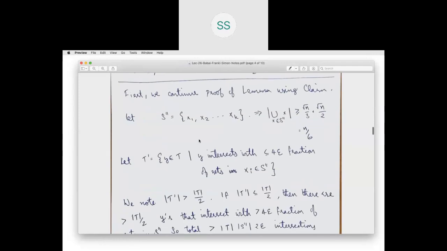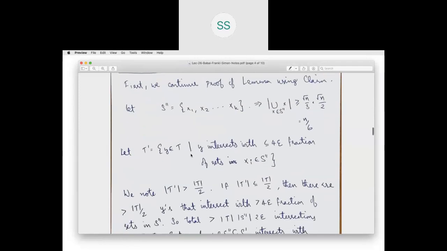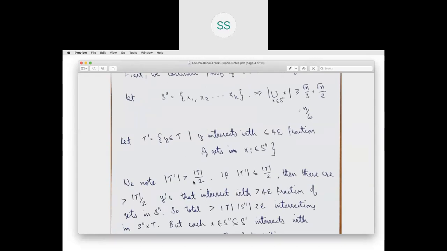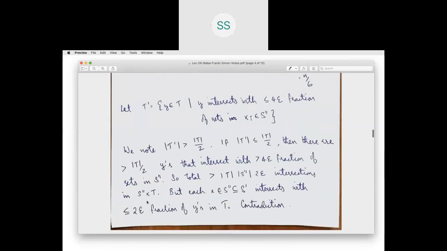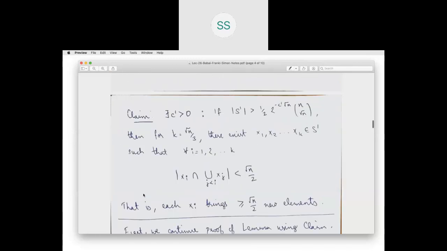So the first claim is that T prime is at least half the size of T. Why is this? So consider the rectangle S double prime cross T. We know that each element in S double prime intersects with at most 2 epsilon fraction of Y's in T. Right?